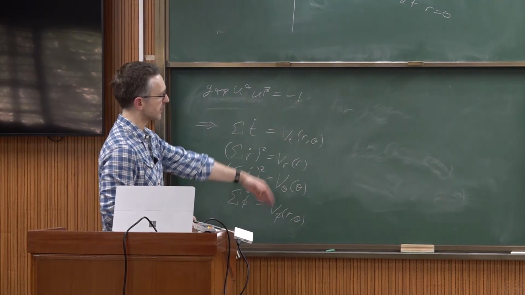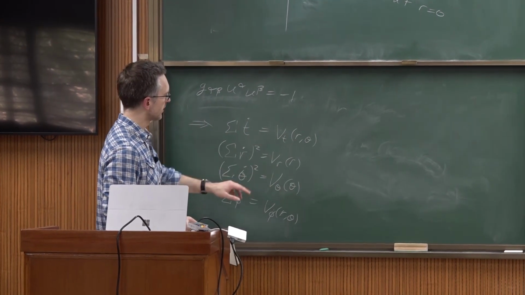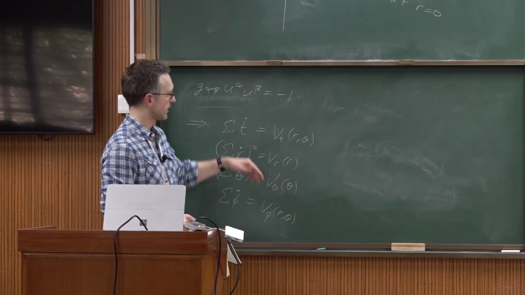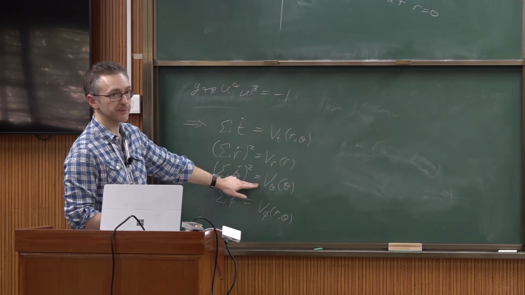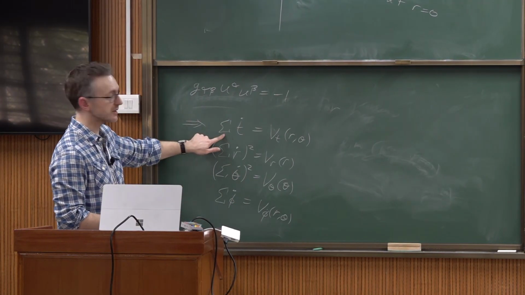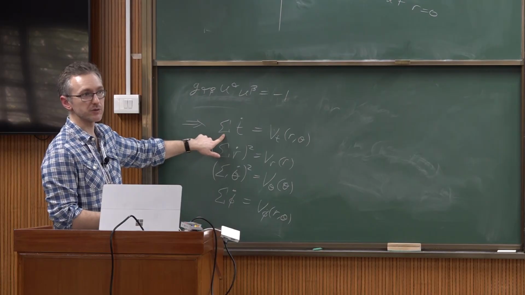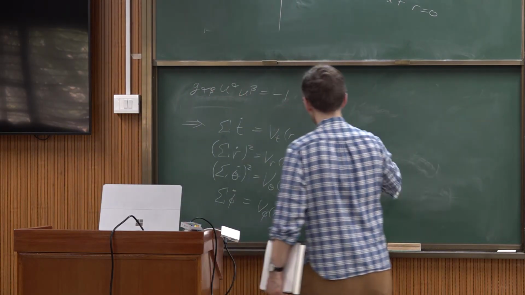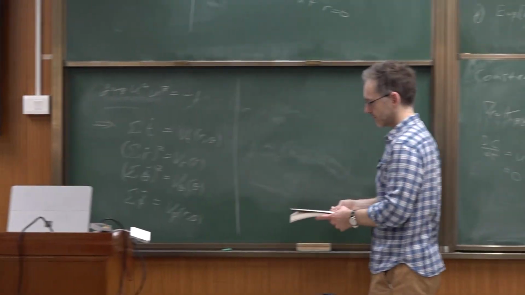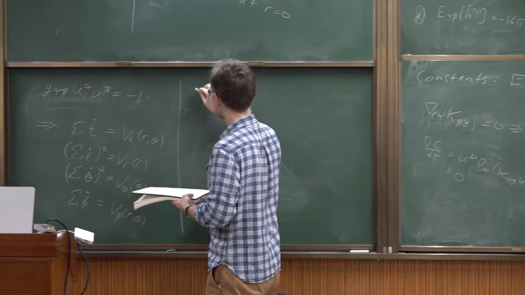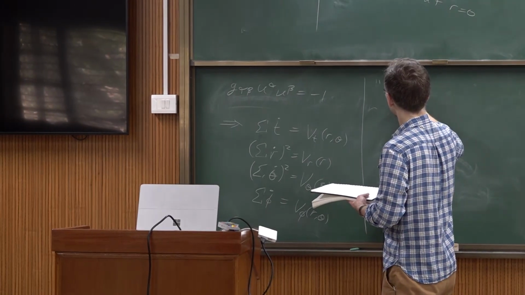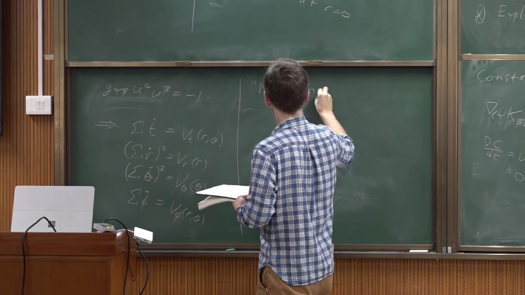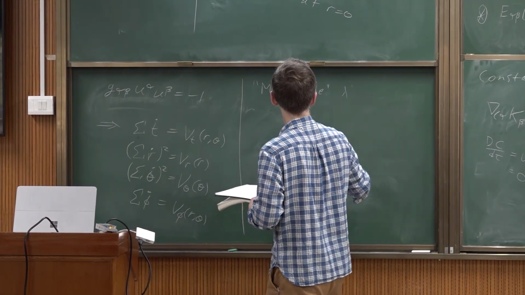So everything on the right-hand side can only depend on r and theta, but then in these two cases, you get only r and only theta. But remember that sigma depends on both r and theta. It was r squared plus a squared cos squared theta. So to get rid of that sigma, we introduce what is called Mino time, lambda.